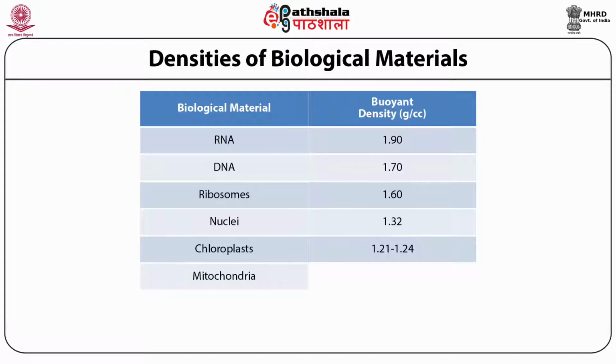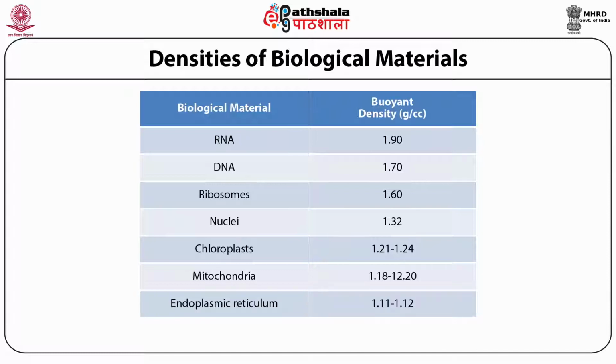Mitochondria range from 1.18 to 1.20. Endoplasmic reticulum is 1.11 to 1.12, and the lipid body has a very low density of 0.96. These are the values used for the measurement of the binding density, and on the basis of this density, molecules get separated during differential centrifugation.